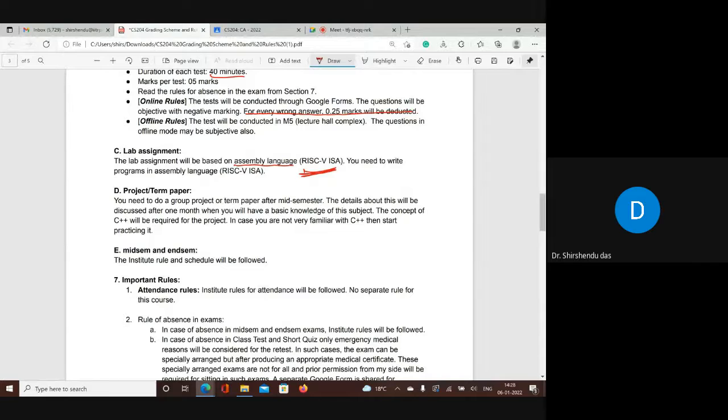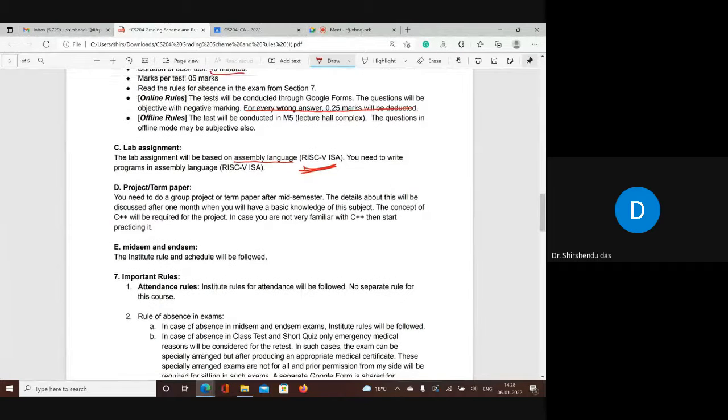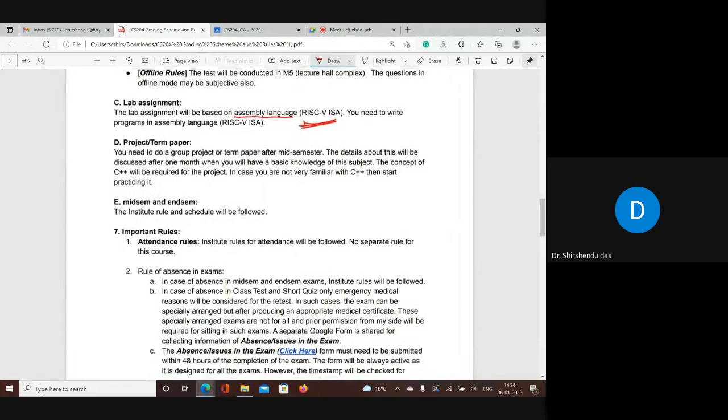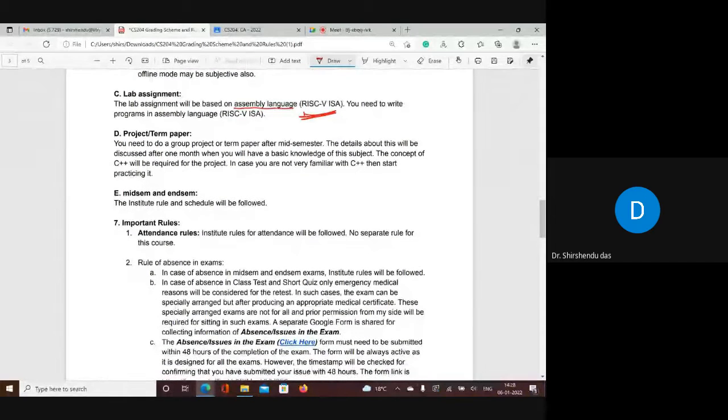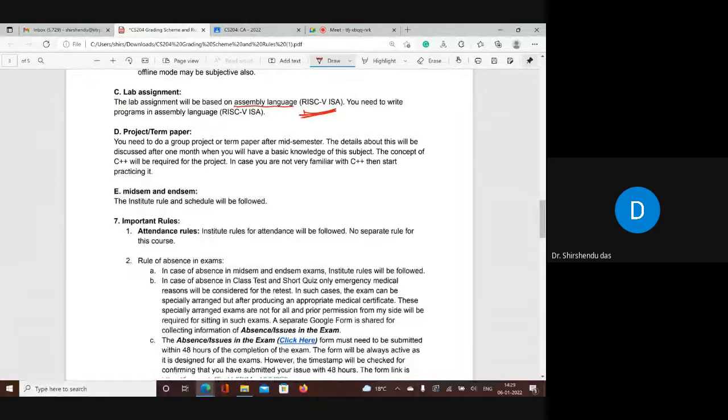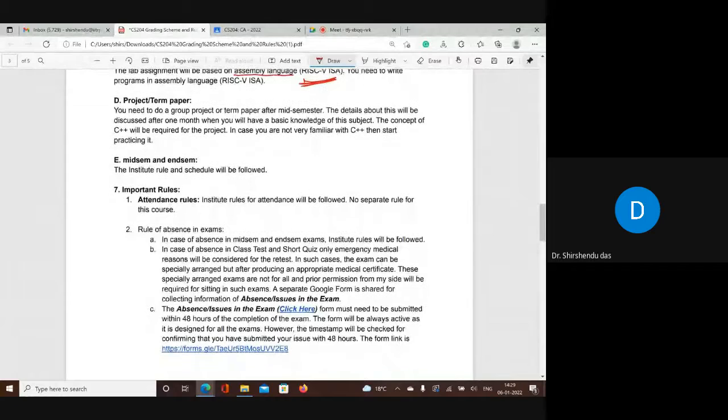You have to write your programs in assembly language, and your first two lab assignments pre-midsem will be on assembly language. There will be some tutorial sessions on how to start writing a program in assembly language, and how to use the simulator that is assigned for writing assembly language code, and all these things will be explained to you by my TAs.